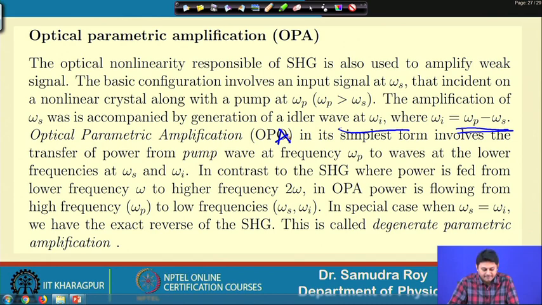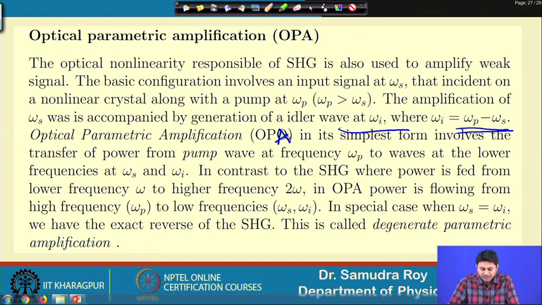For second harmonic generation, we find that the lower frequency omega is fed by the higher frequency 2 omega, that we have already seen in the previous calculation. It is really possible to generate a subharmonic if we put in a suitable phase condition.